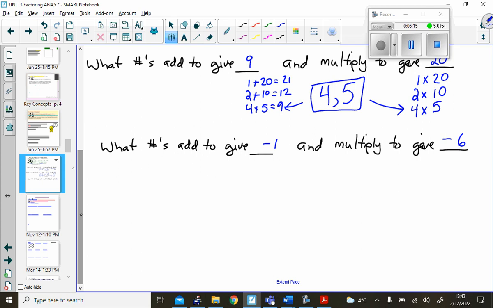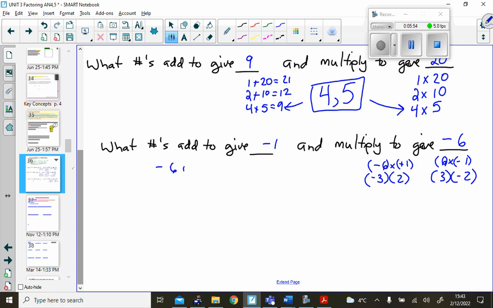Things that multiply to give negative 6 could be negative 6 times 1, or 6 times negative 1. You could have negative 3 times 2, or positive 3 times negative 2. So there's 4 different ways to get negative 6. Let's look at what each of those 4 add to give.